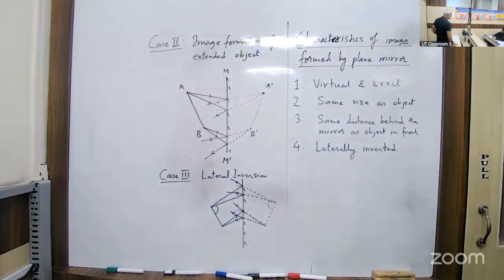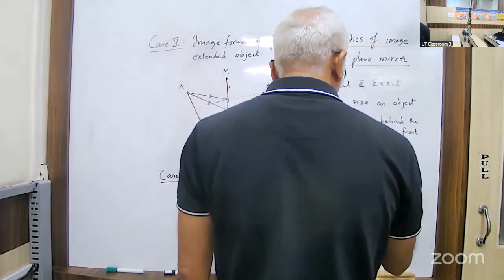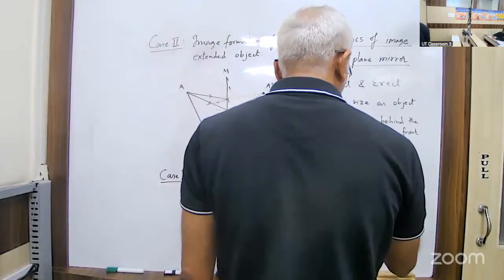What is the meaning of lateral inversion? Horizontal flip, 180-degree inversion. It's not vertical. It's not like this. It's like this. If you watch the image of the pen, you will see it like this. Okay, it's like this. Correct? We saw that. Like अगर E होगा तो image कैसा बनेगा उसका? ऐसा.